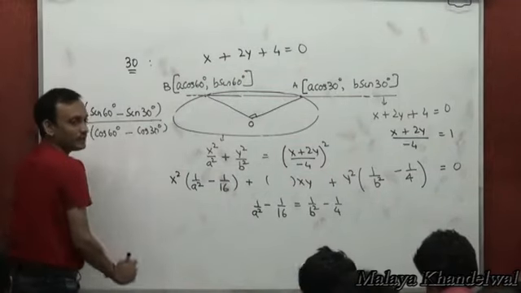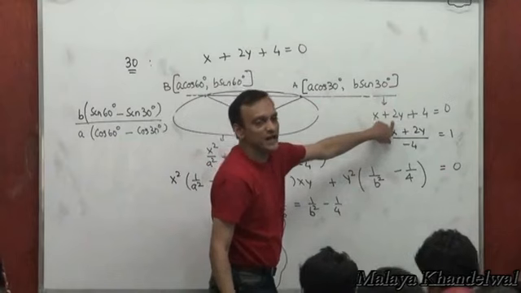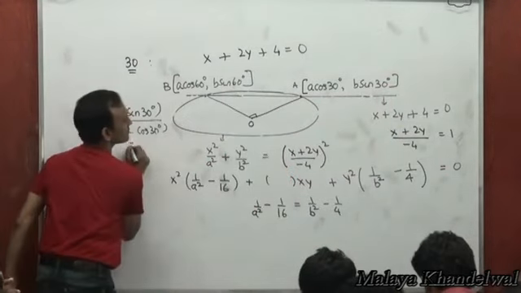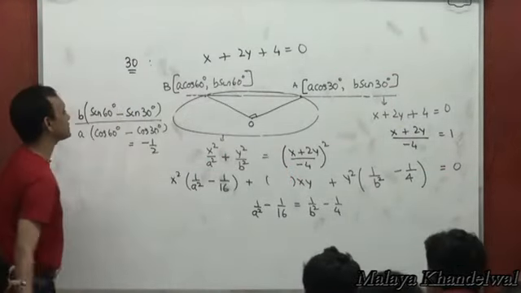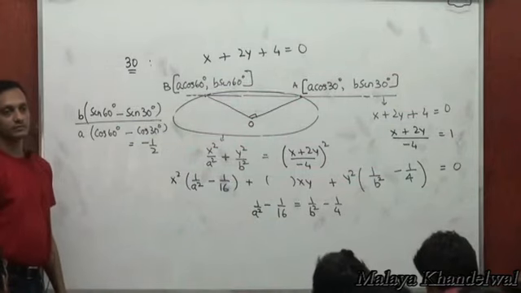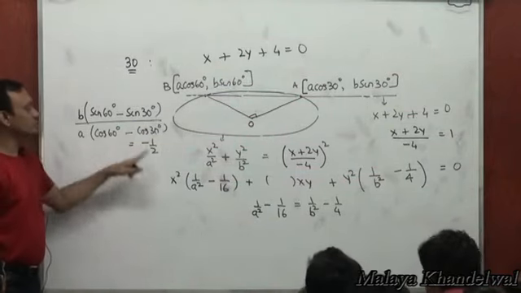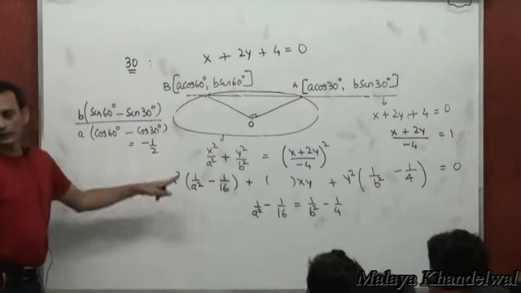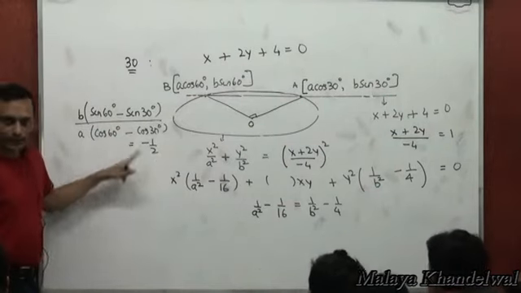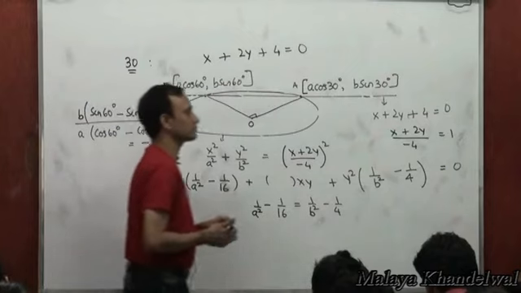That's the slope of AB. But that's equal to minus half. That's another equation connecting a and b. And using these two equations, you can solve for a and b. That's all.